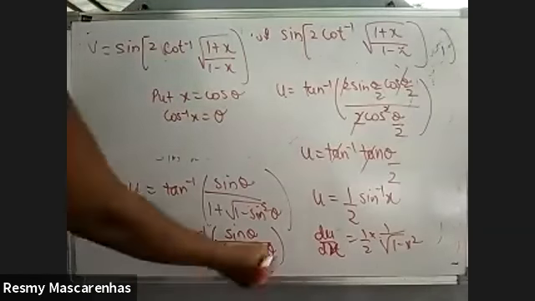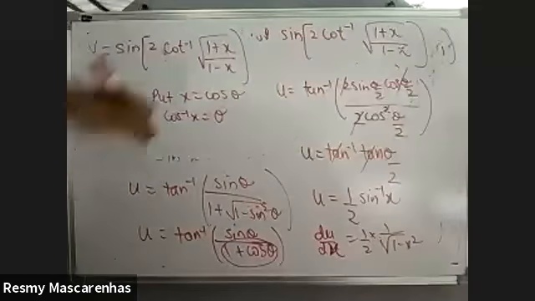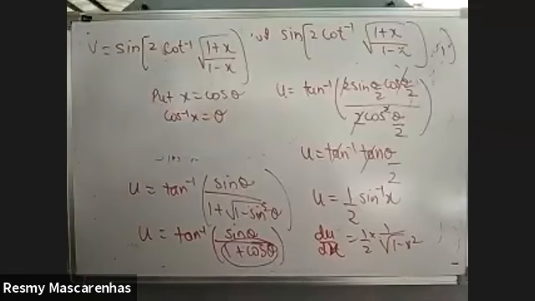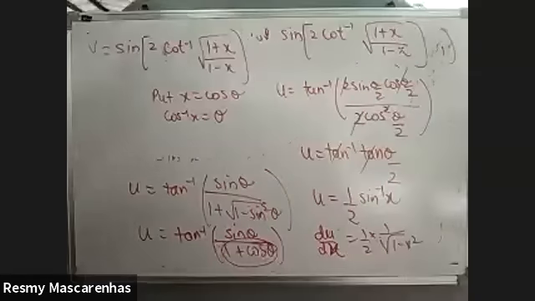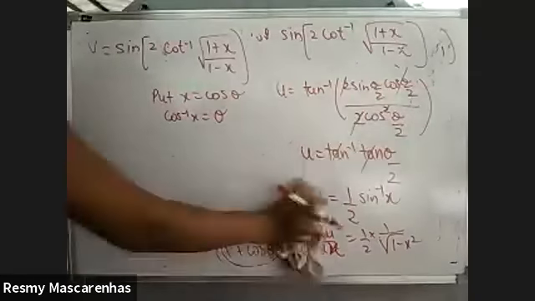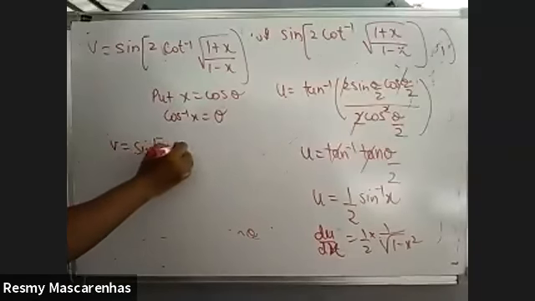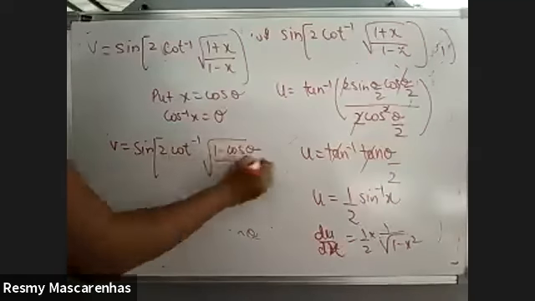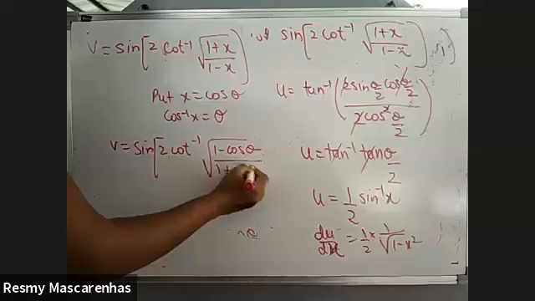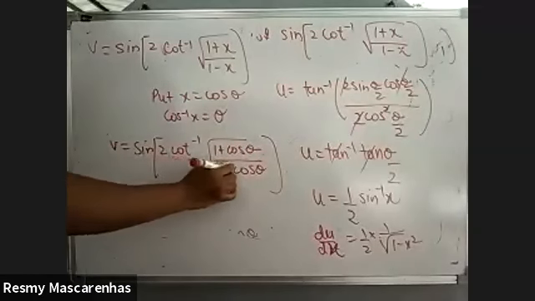Use the formula, same like how we had used here, the 1 plus cos theta formula. Same way apply the 1 minus cos theta formula. So this will be v is equal to sine of 2 cot inverse of. So both places you apply the formula. This is plus, this is minus.